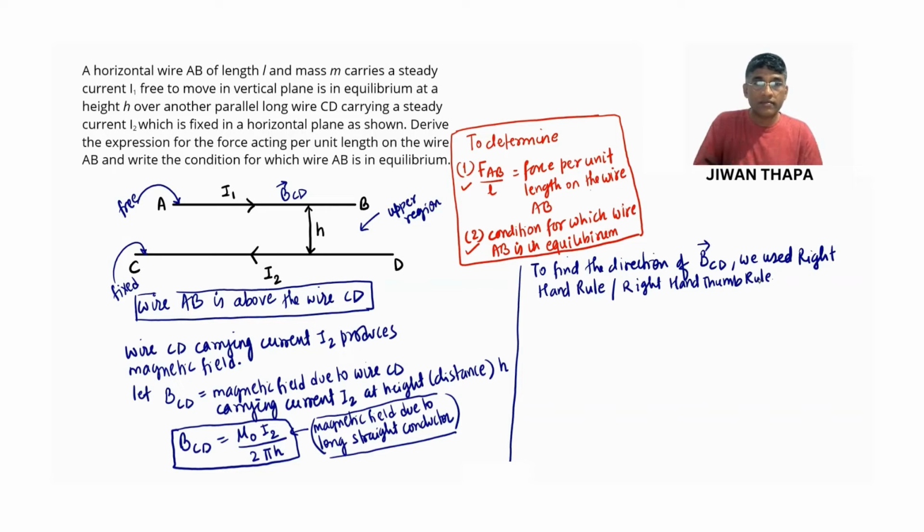So what you find? The magnetic field in the upper region of wire CD is perpendicular to the plane of the board and is acting in the inward direction. So we have this.